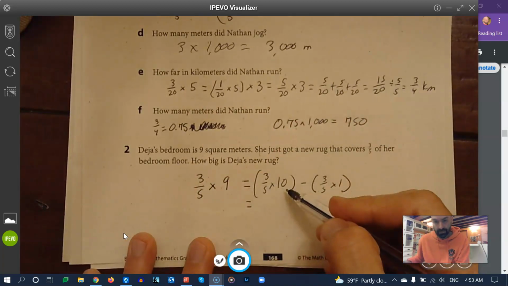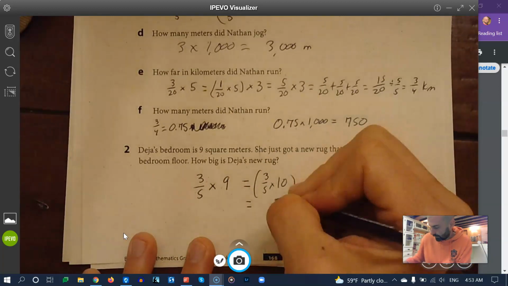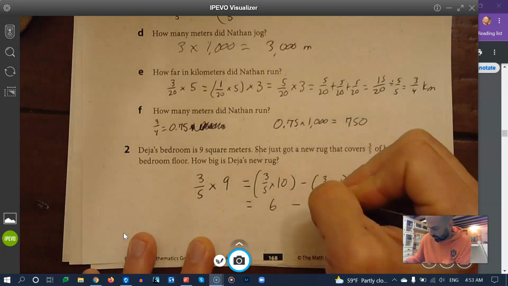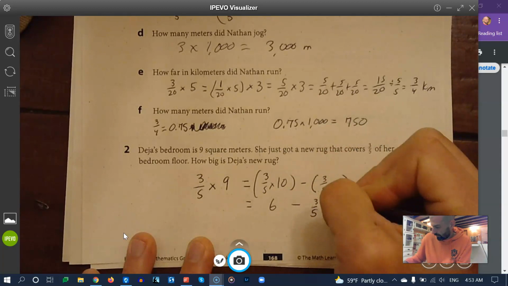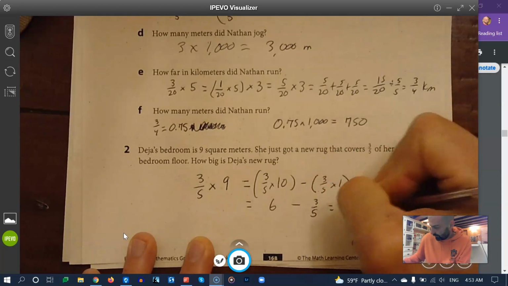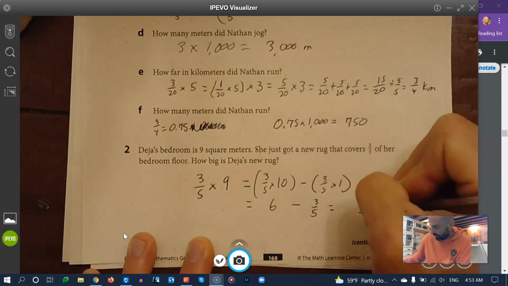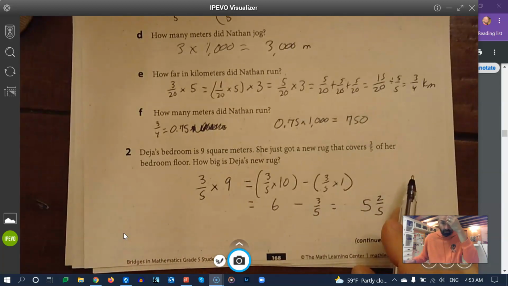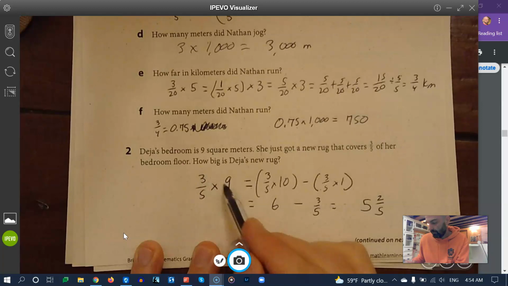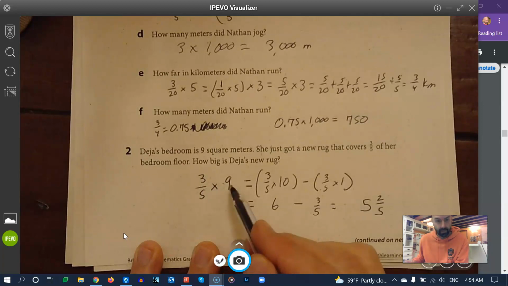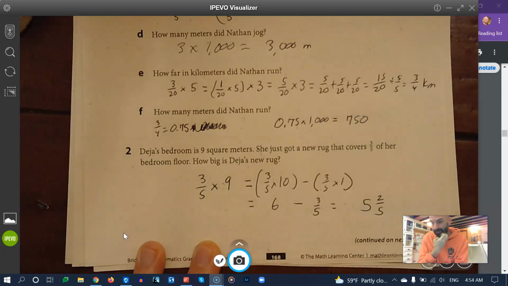So 1/5 of 10 is 2, and then times 3 is 6, minus 3/5, which equals 5 2/5, or 27/5, which here, if we have 9 sets of 3/5, that would be 27/5.